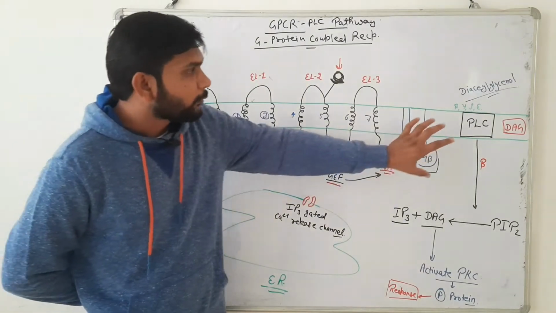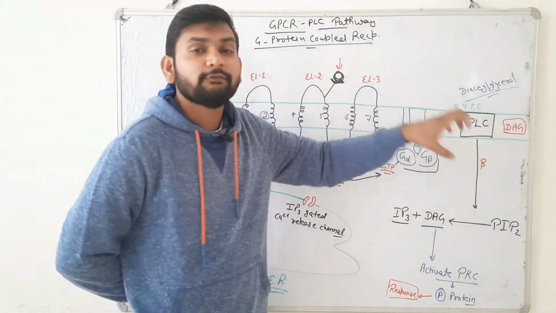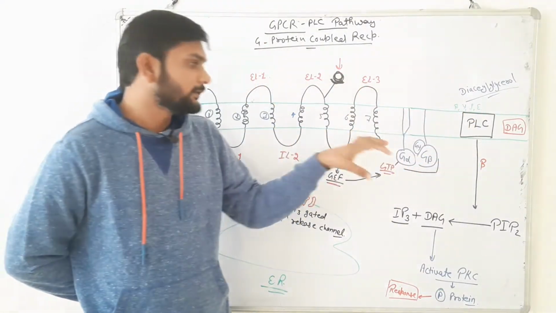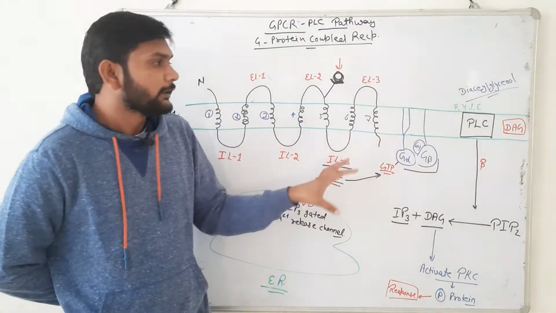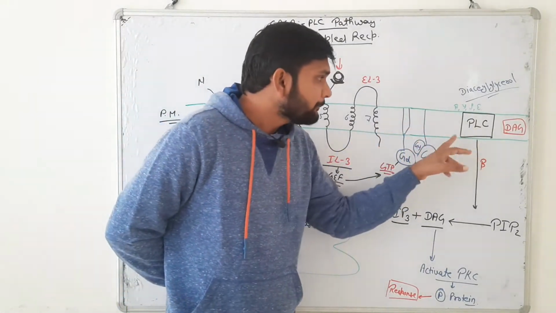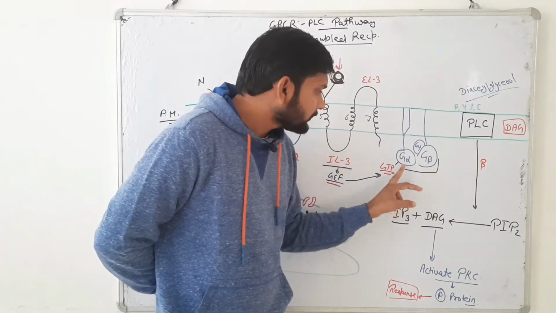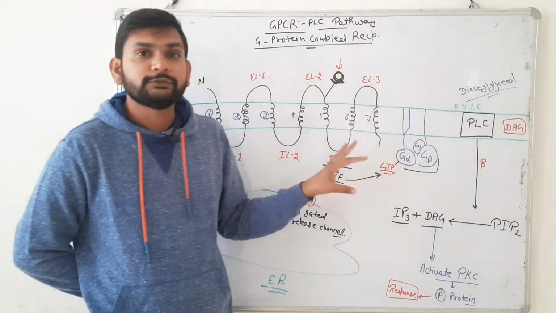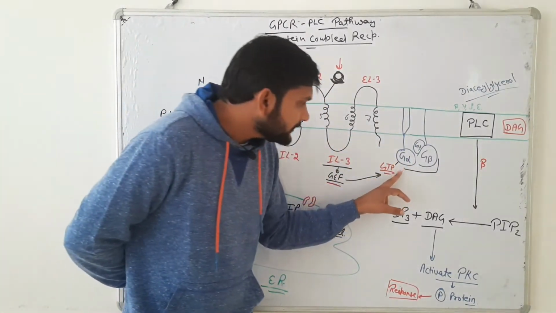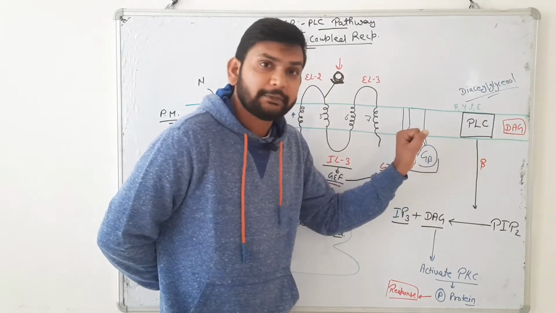Okay, so what is the role of PLC? It has a very important role in this pathway. After the activation of G protein, the G alpha protein activates the PLC.